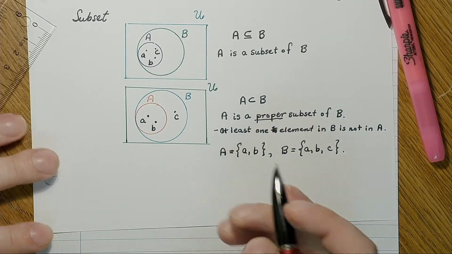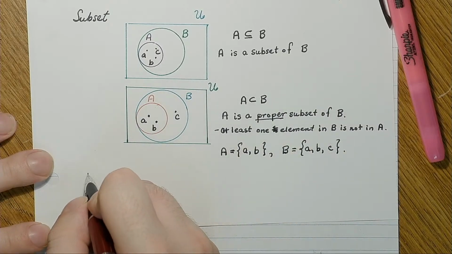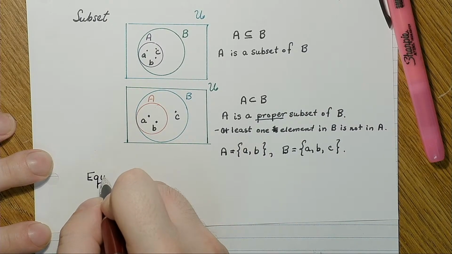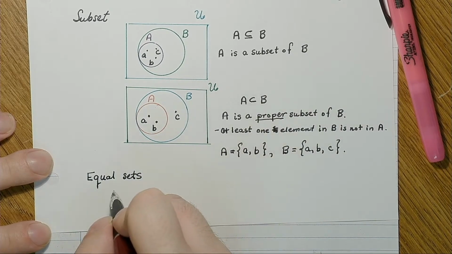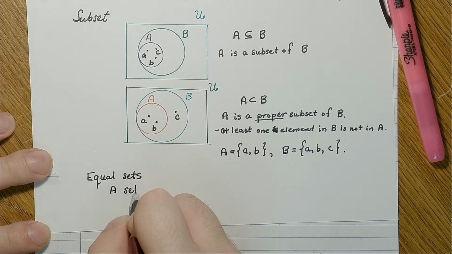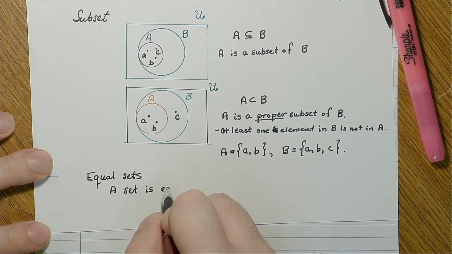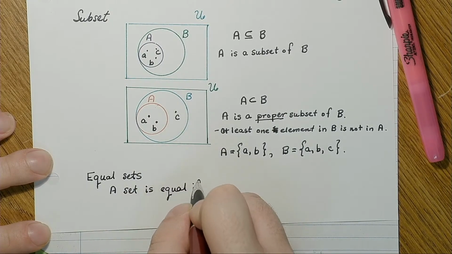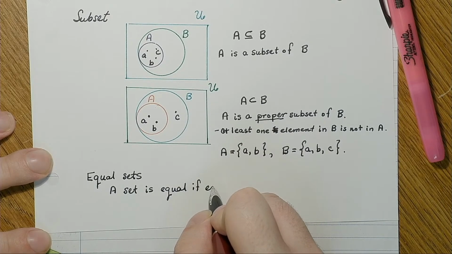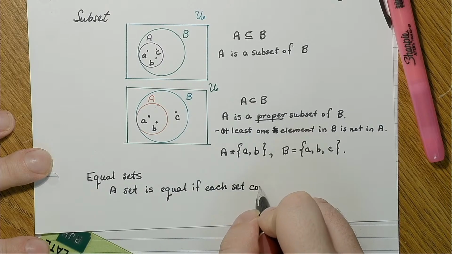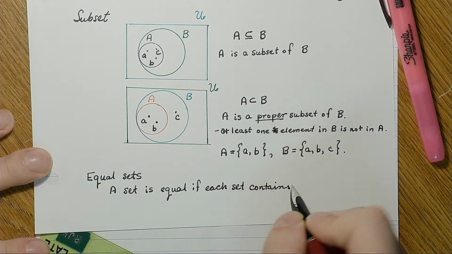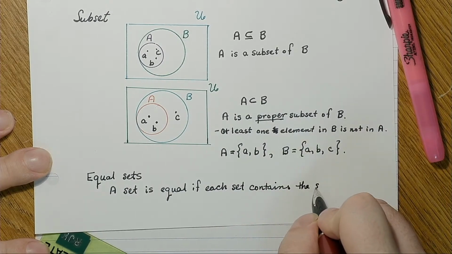And that brings me up to equal sets. A set is equal if each set contains the same elements.